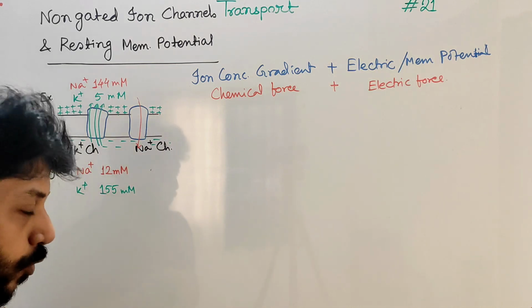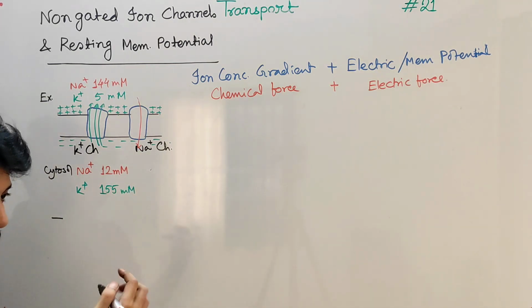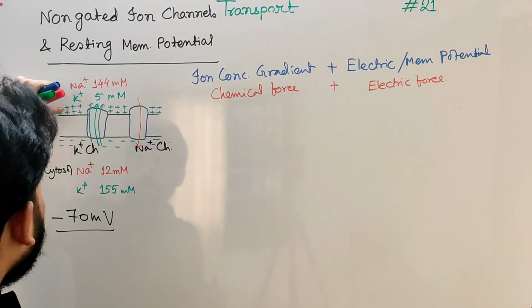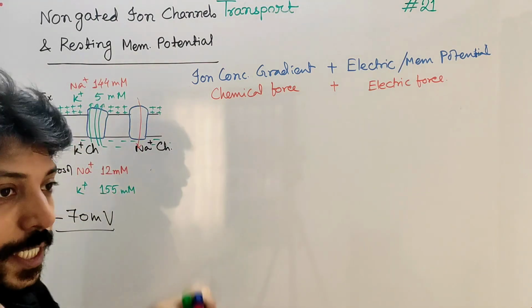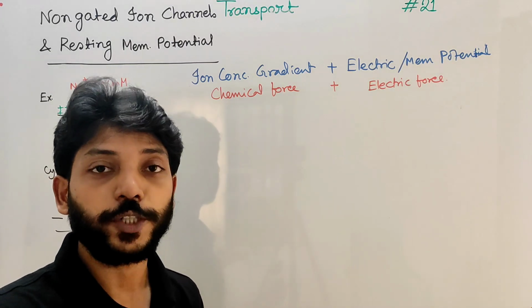Here the value generally is minus 70 millivolt. At this membrane potential, the potassium ions present outside will repel the further movement of potassium.